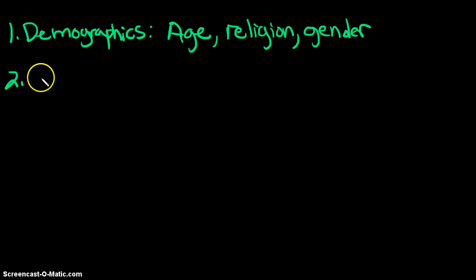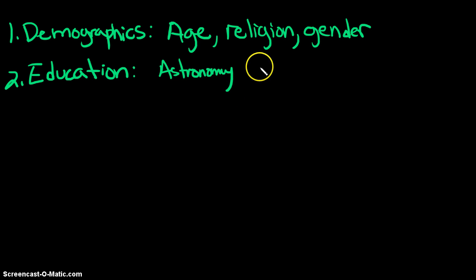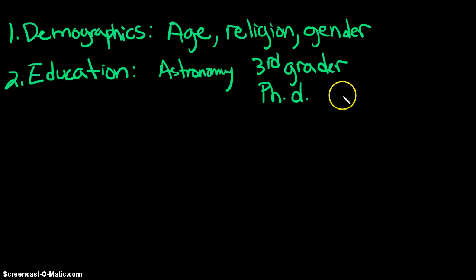Number two, the next thing we need to talk about is education level. Let's say we want to talk about something simple like astronomy. If we're talking about astronomy to a bunch of third graders, this is going to be different than if we're talking to PhDs and astrophysicists.